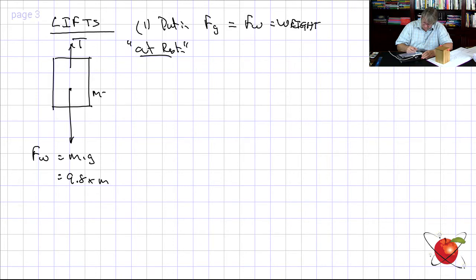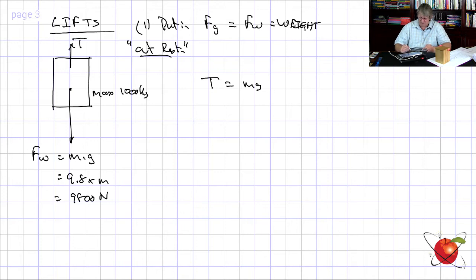Okay, what am I going to do now? Let's say the mass of the lift is equal to 1,000 kilograms, so therefore that is 9,800 newtons. Now if it's at rest, T is equal to mg. What does that mean?